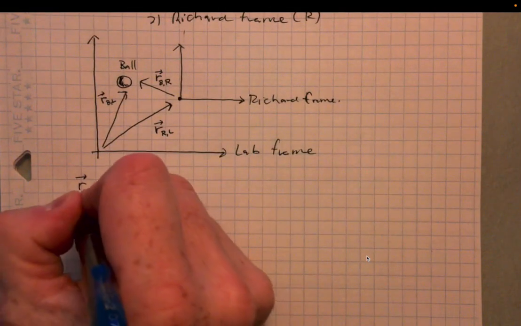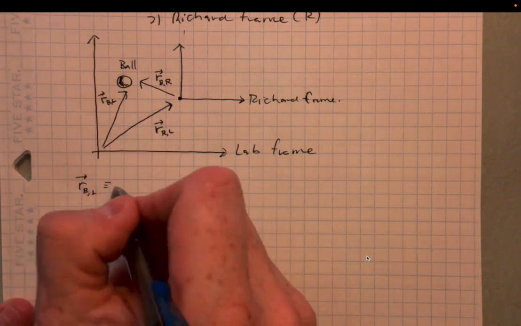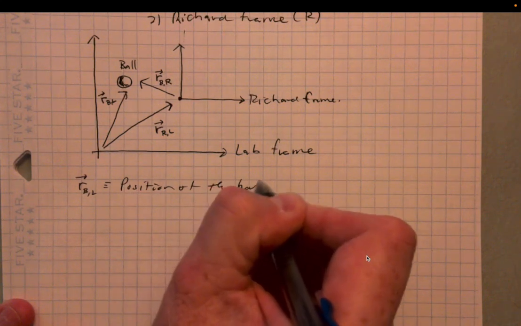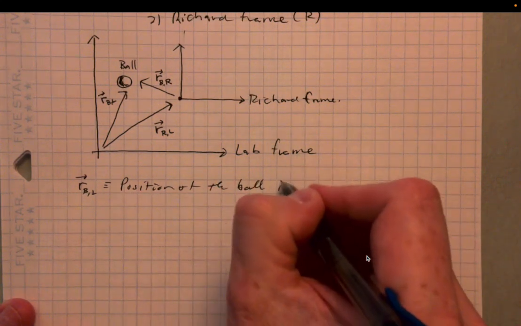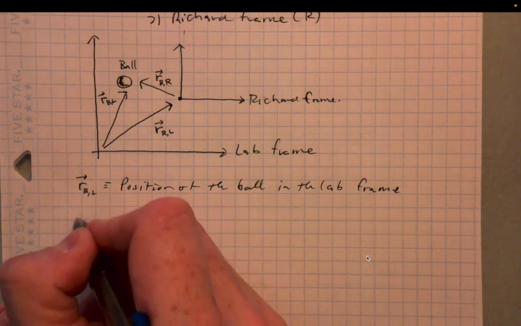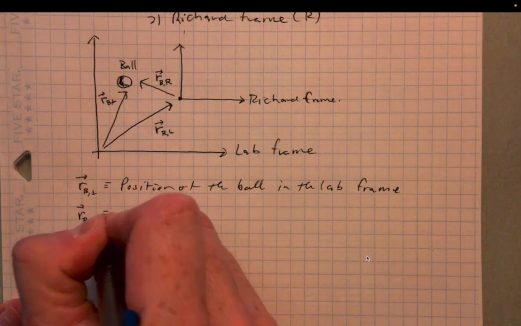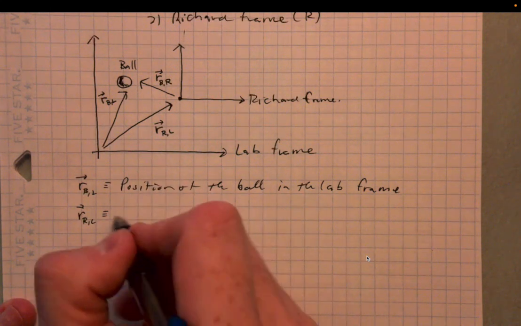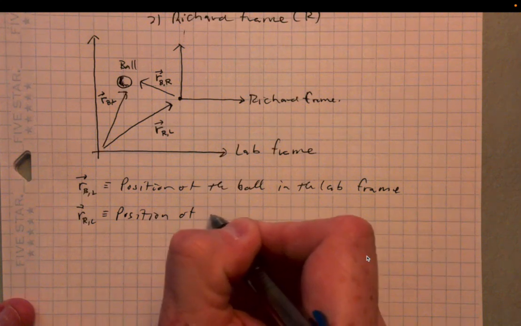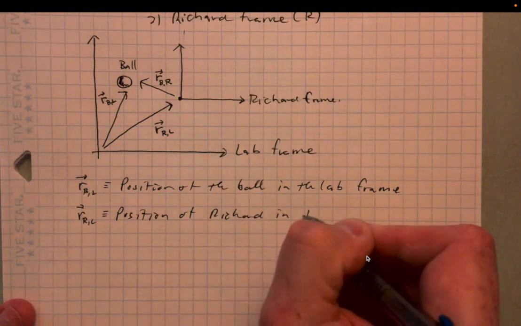So R, B, L, that is the position of the ball in the lab frame. Okay, and then next we have R, L. That's the position of Richard in the lab frame.